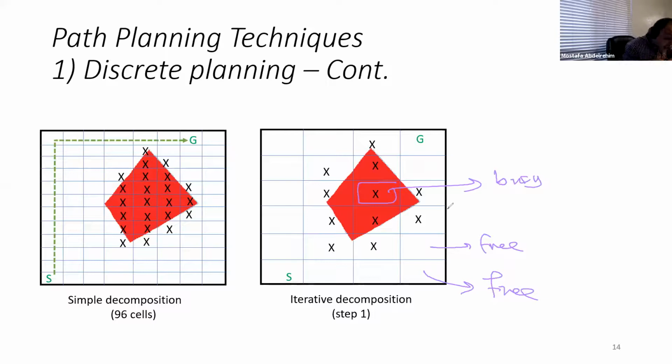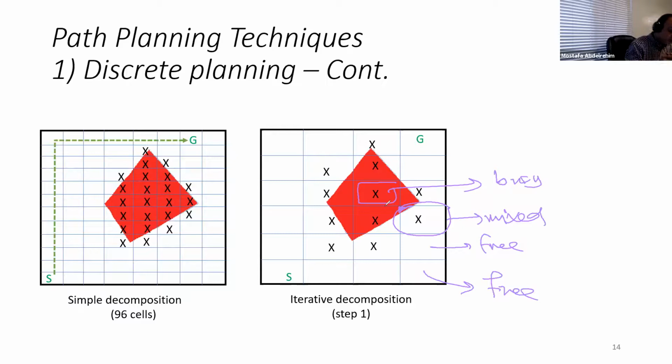But this one is mixed. Some part of the cell is free, and a tiny part here is intersecting with the obstacle. So these are the cells that will be decomposed. We will not decompose all the cells.